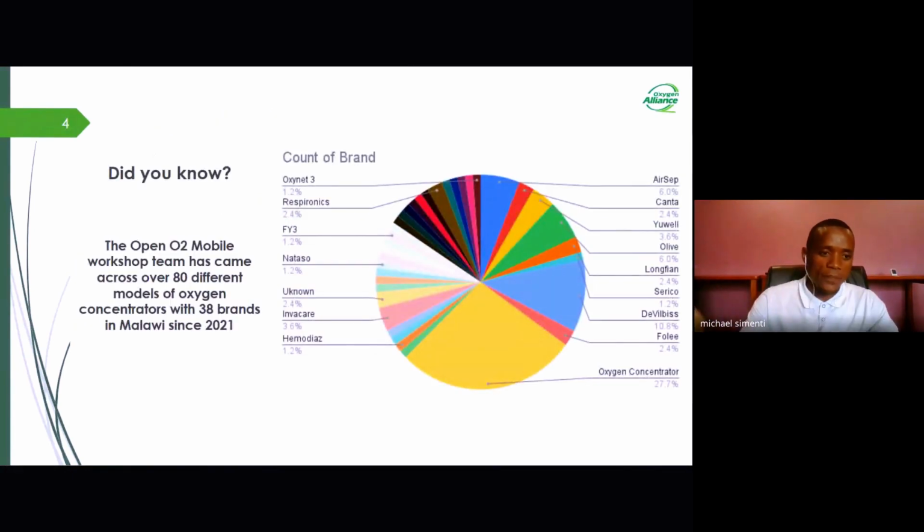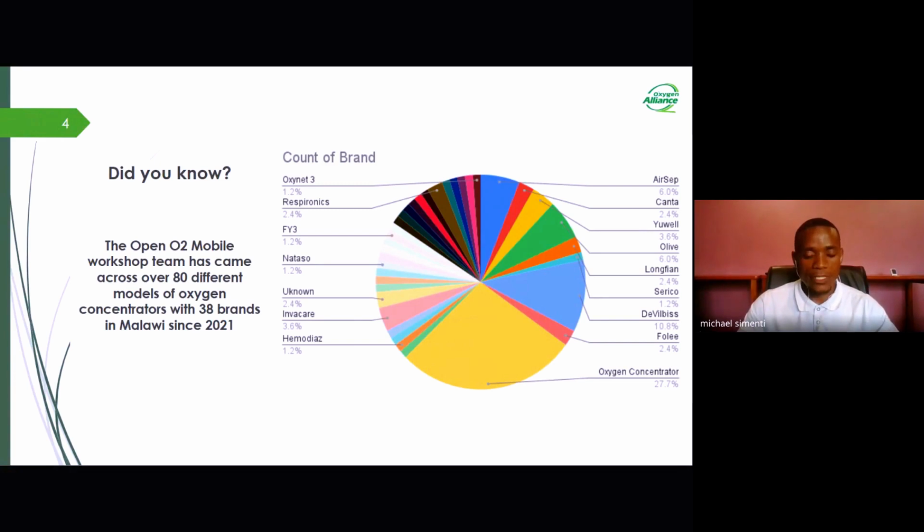So, did you know the OpenO2 mobile workshop team has come across over 80 different models of oxygen concentrators with 38 brands in Malawi since 2021. So using that information, we have managed to come up with the chart, as you see, which is taking different brands, about 38 of them.